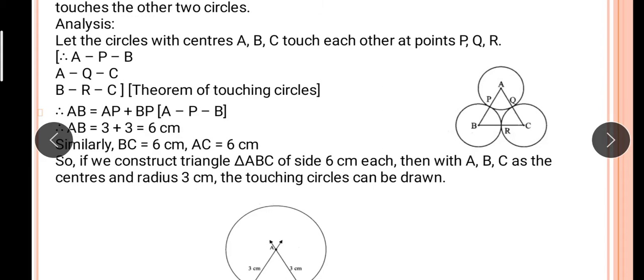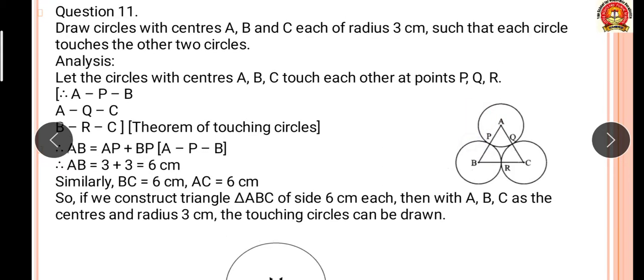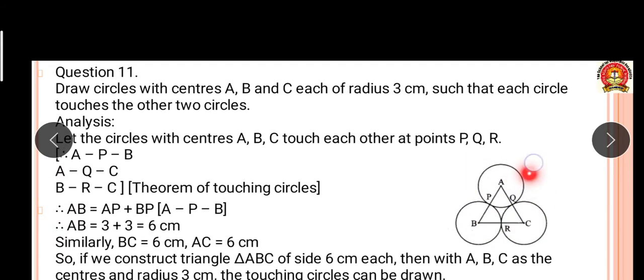So APB are collinear, AQC are collinear and BRC are collinear. See here, APB, BRC, AQC.